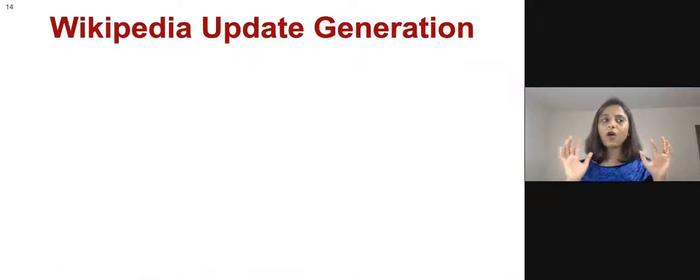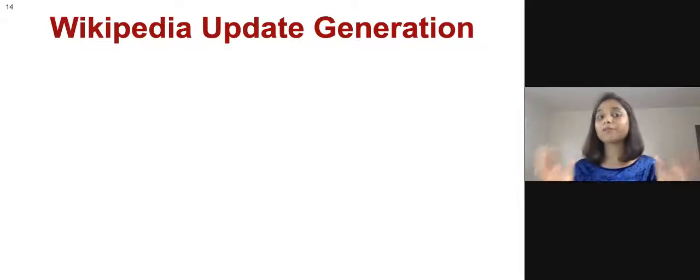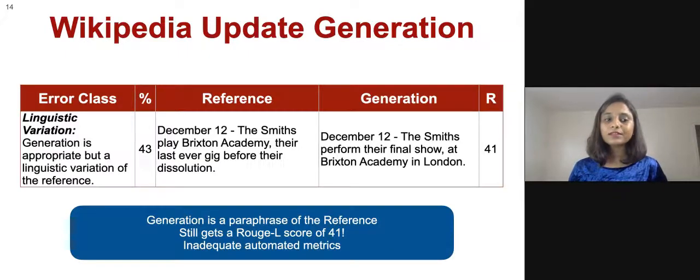Since the automated metric and the human evaluation don't give us the complete picture or don't tell us anything about the quality of the generation, we perform a manual inspection for the Wikipedia Update Generation task, and we categorize the errors in 5 categories. The first is linguistic variation, where the generation is a paraphrase of the reference and the generation is perfectly acceptable, as is shown in the example over here.